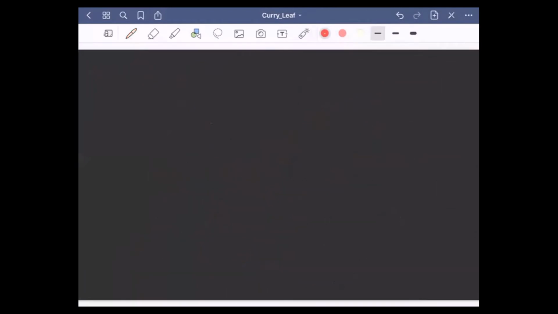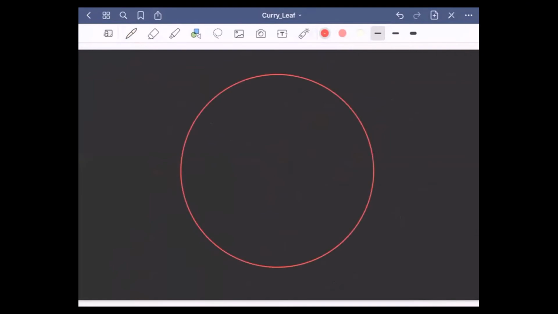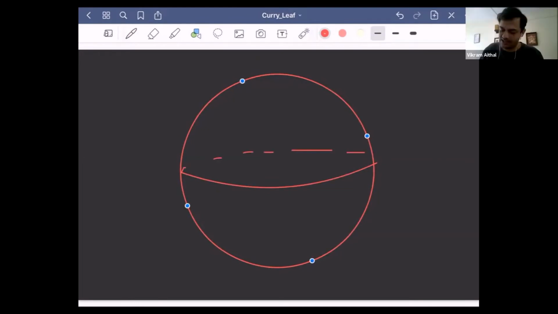So the point he is trying to make is that, say the points that I choose are the North Pole and the South Pole. Can you think of a plane? Let's look at the equator.